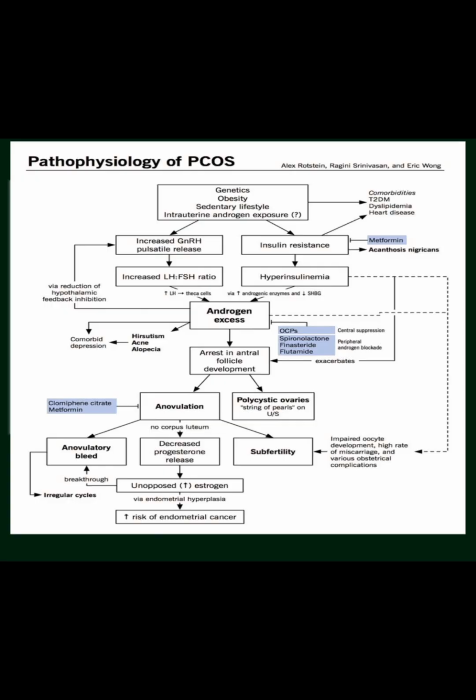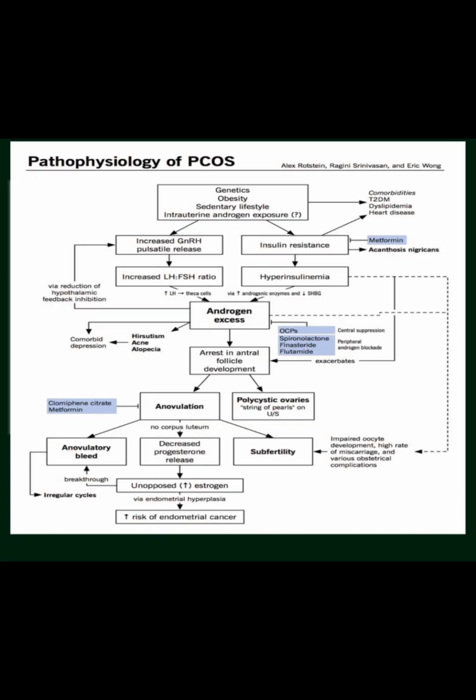Just think of sex hormone binding globulin as the carrier of androgens and testosterone. With it being reduced, there is an excess of androgens in the body. That leads to androgen excess, which also leads to an arrest in the antral follicular development, and it leads to polycystic ovaries, immature ovaries which are many in nature. That's what we mean when we say polycystic.